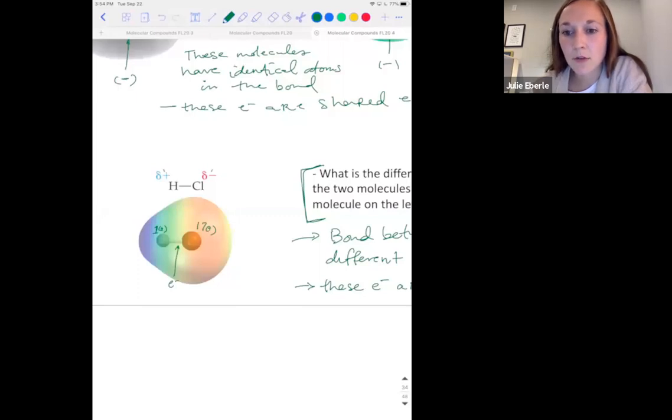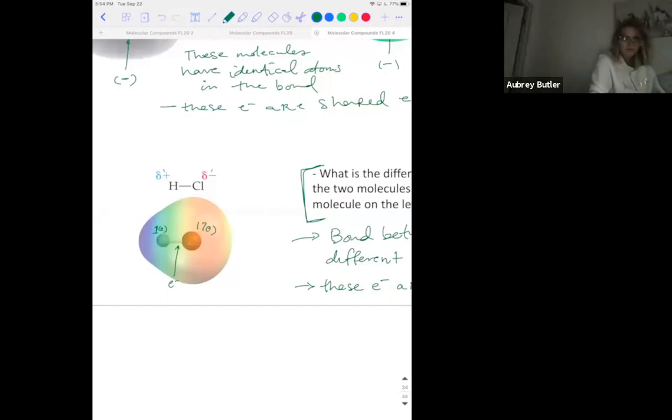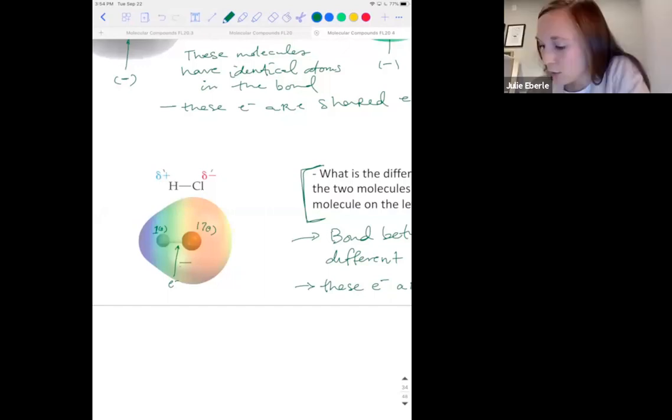Towards hydrogen or towards chlorine? Towards chlorine, all right? They're going to be pulled in this direction. Chlorine's going to win. Now, that does not mean that the electrons totally go to chlorine. They're shared. It's just that they're shared unequally.